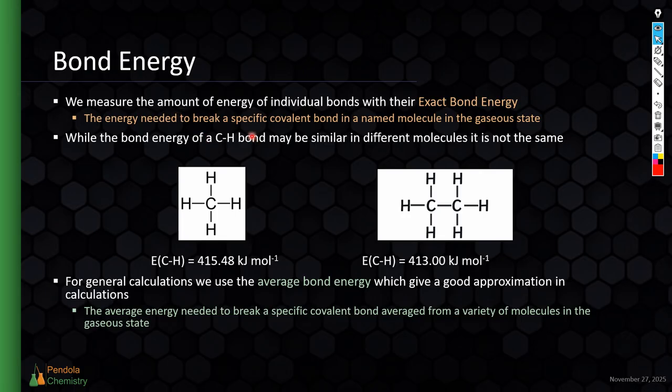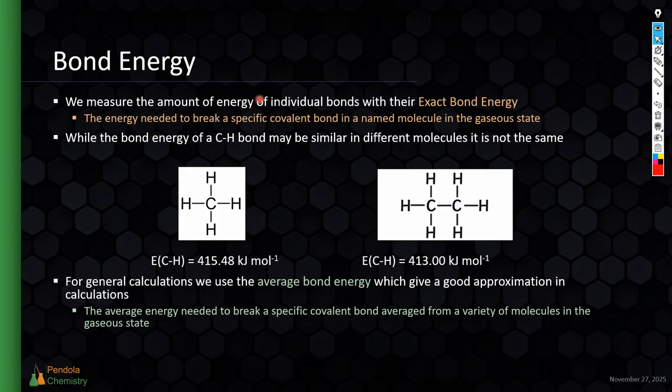If we grab a specific bond, like a carbon-hydrogen bond in methane or a carbon-hydrogen bond in ethane, and we wanted to break it, the amount of energy needed to break that bond would be what we call the exact bond energy. Now, because this is bond breaking, bond energies are always endothermic, they're always positive.